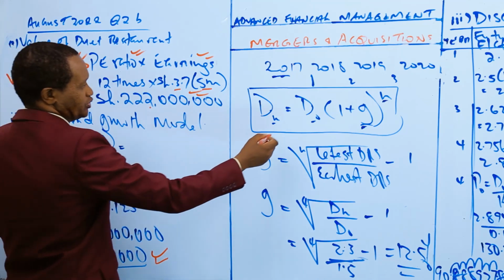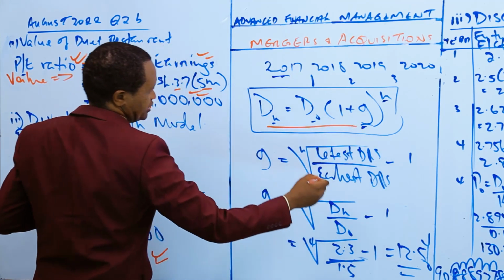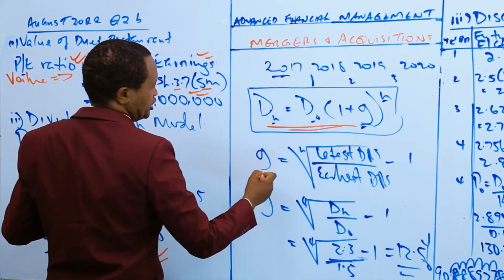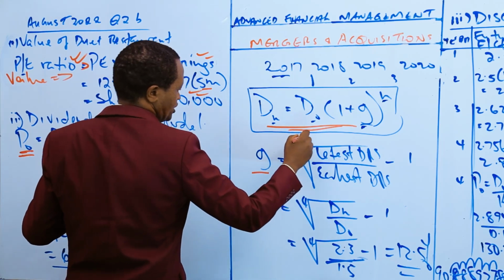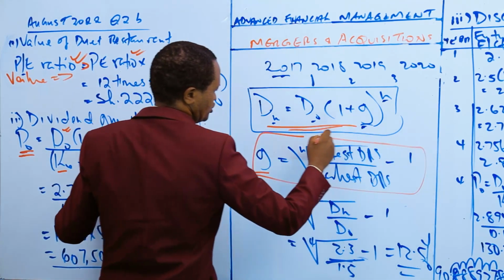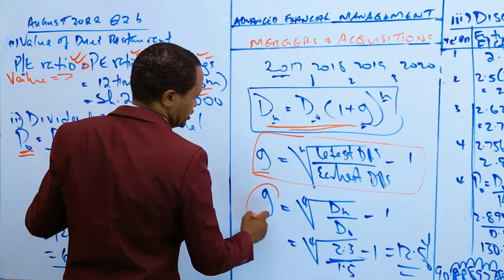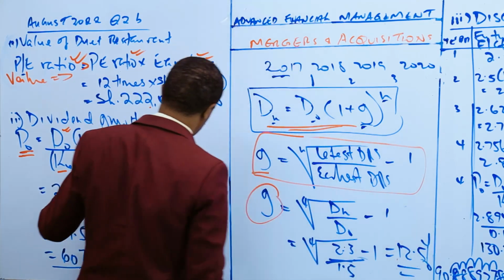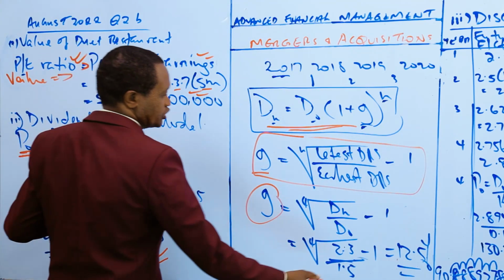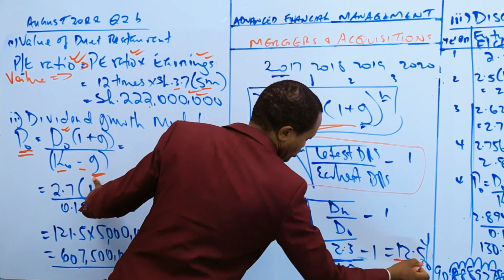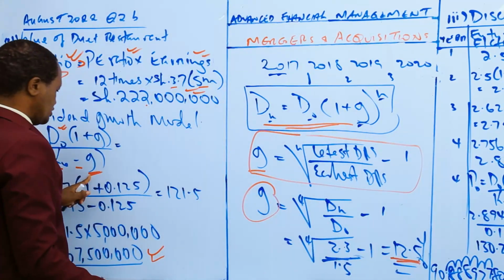We had to work it out using this formula. This is the general formula. When you make G the subject of the formula, this is the formula you get. So we use this formula to calculate the growth rate, which is 12.5%.